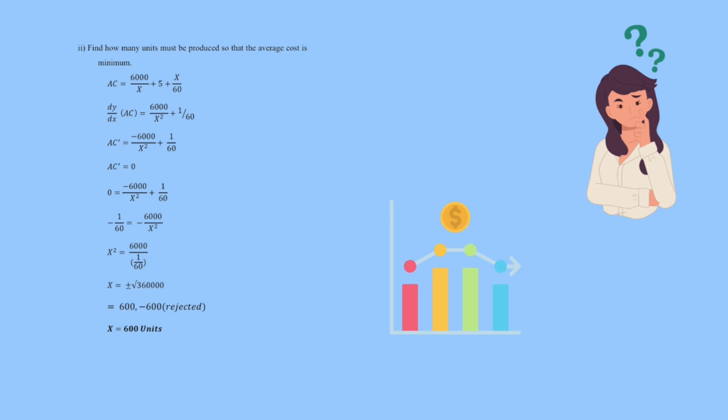Taking the square root of both sides, we get x equals plus or minus the square root of 360,000. Therefore, x equals plus or minus 600. The critical point is x equals 600 units, because the negative root is rejected since quantity produced cannot be negative.